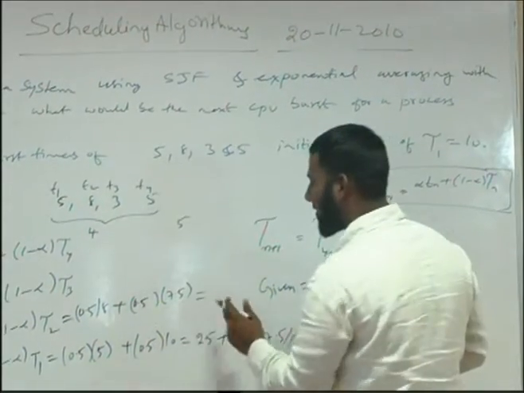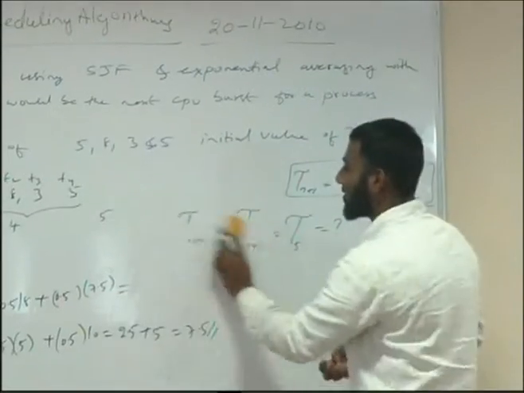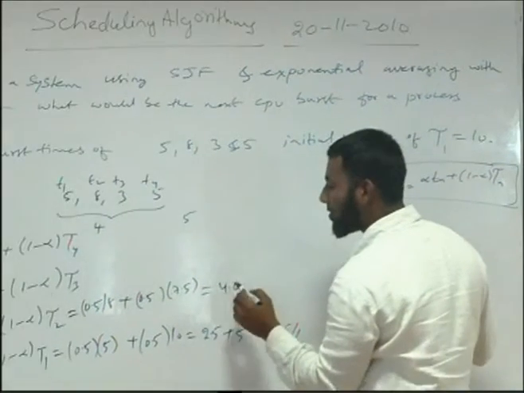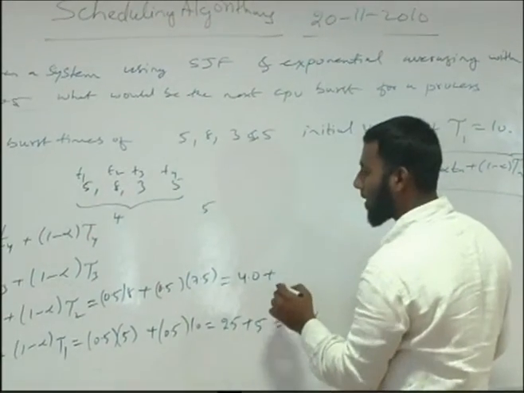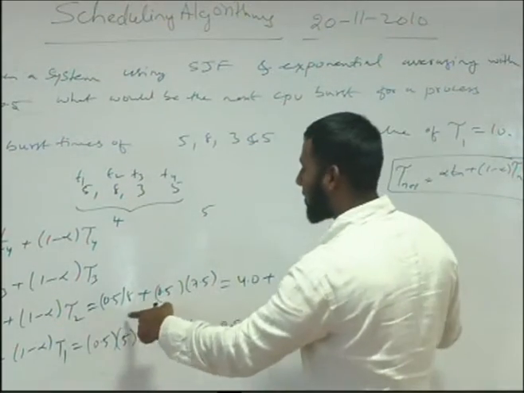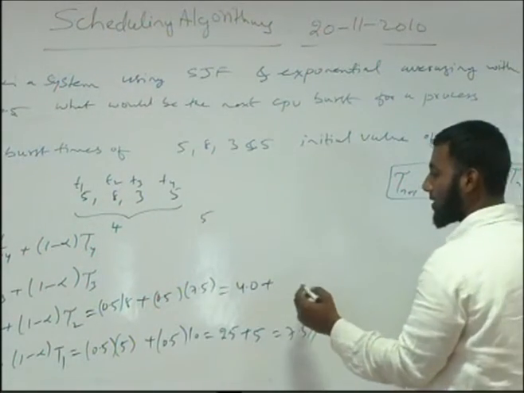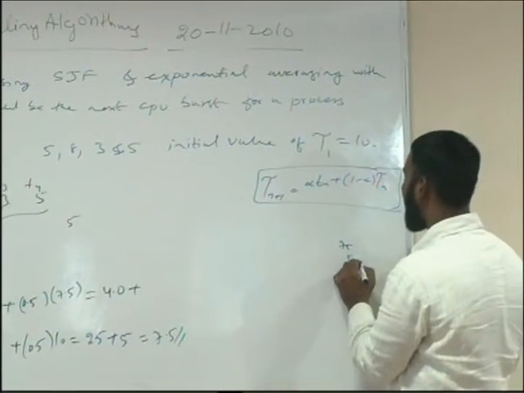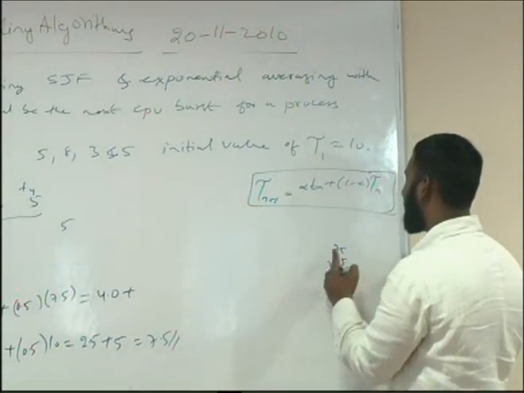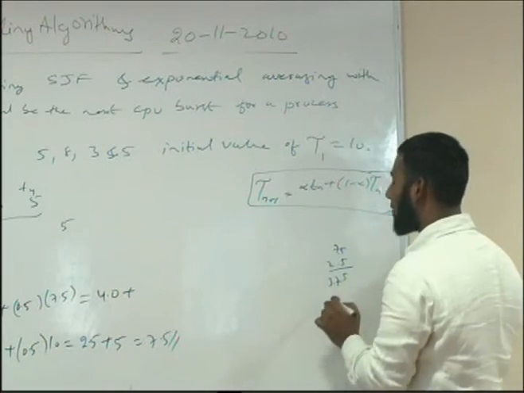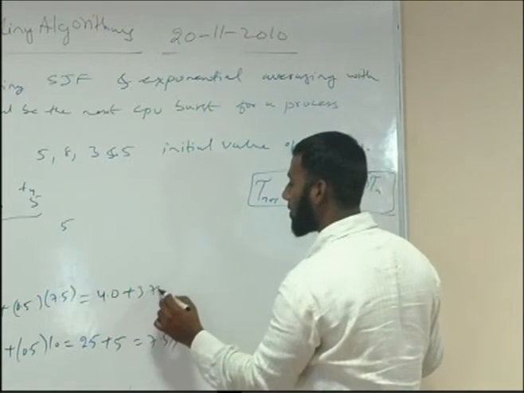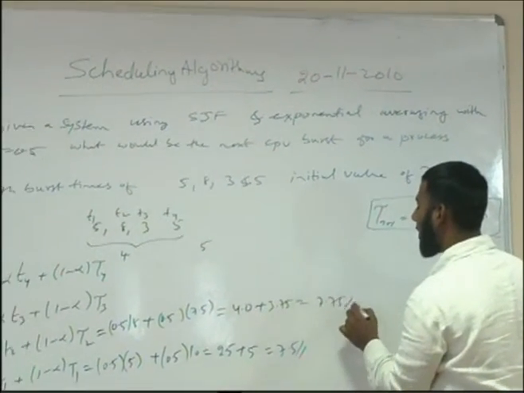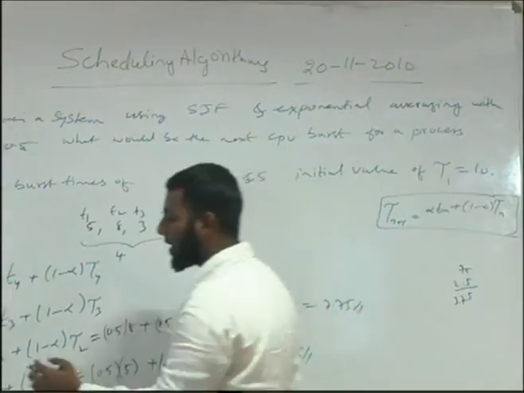So, we will do the mathematics for this. 5 8s are 40, 4.0, plus 7.5 into 0.5 is 3.75. So, we got 7.75. This is the value of tau of 3 actually.